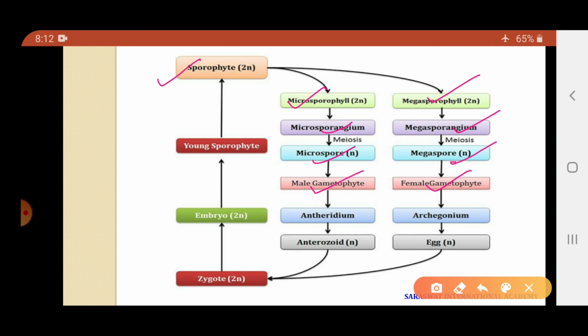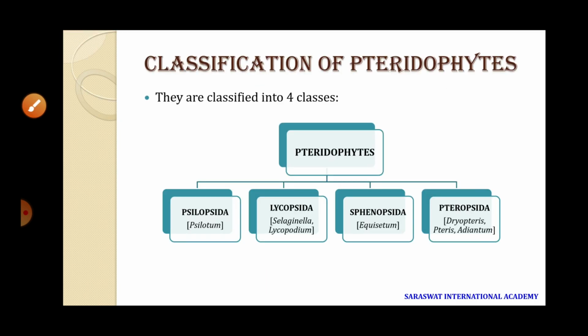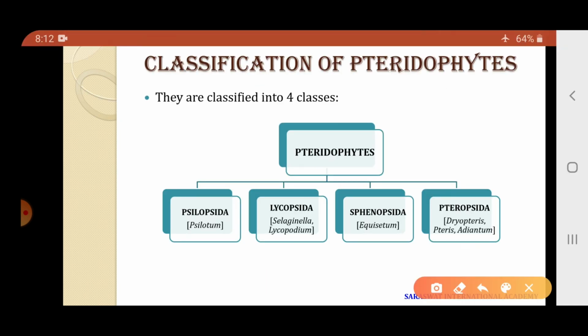The male gametophyte consists of the male sex organ antheridium, female gametophyte archegonium. Antheridium develops the male gamete antherozoid, archegonium develops the female gamete, that is egg. Both these eggs and antherozoid fuse, zygote. Zygote will form the embryo. Embryo will develop into the young sporophytic plant, which develops the main sporophyte. So students, this is regarding the life cycle of the pteridophytes.